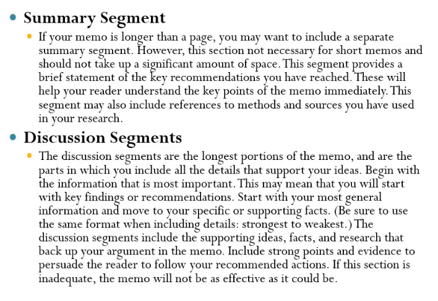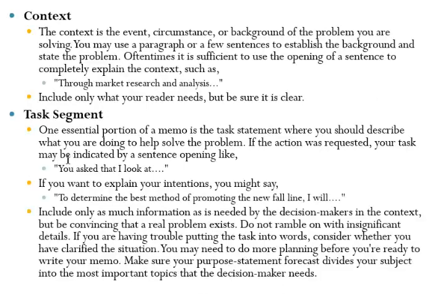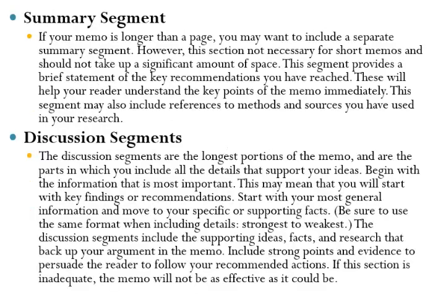Once you finish with the task segment, you can go to the summary segment, which is a brief review or statement of the key recommendations you've made. Then you get into the discussion, where you go through why the idea you presented in the task segment is a good idea and how it's going to work.